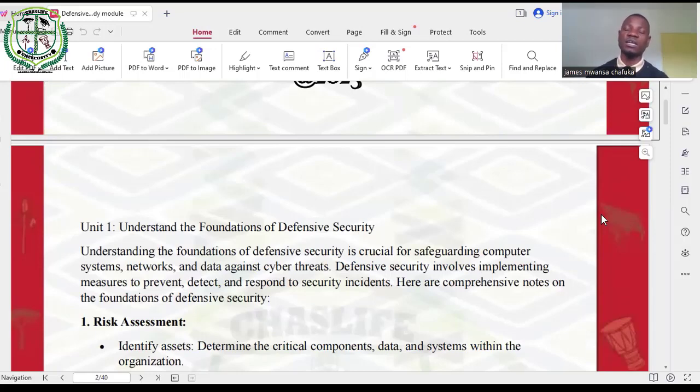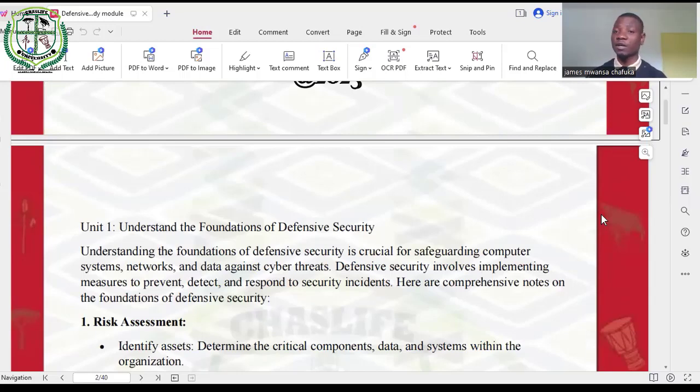Understanding the foundation of defensive security is crucial for safeguarding computer systems, networks, and data against cyber threats. In order to understand computer networks, it is also very important that you understand defensive security.